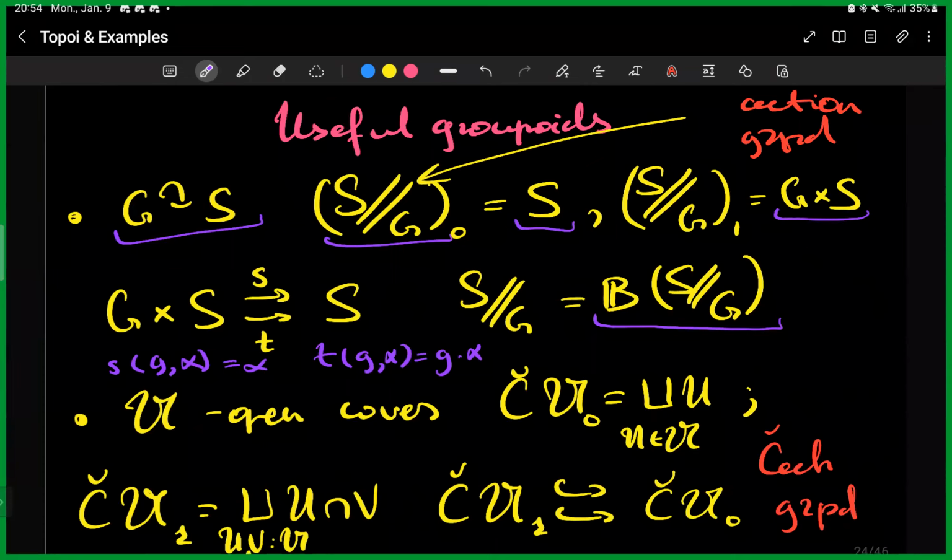So that's one example, which is quite useful. And in a sense, this construction provides us with a good quotient. In general, if we just try to take the quotient in a naive set-theoretical sense, for example, for manifolds, we can obtain something quite bad.